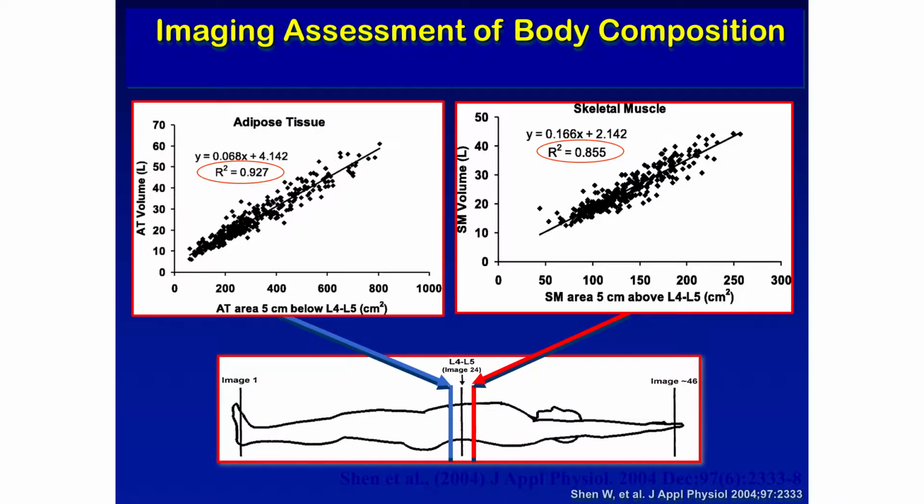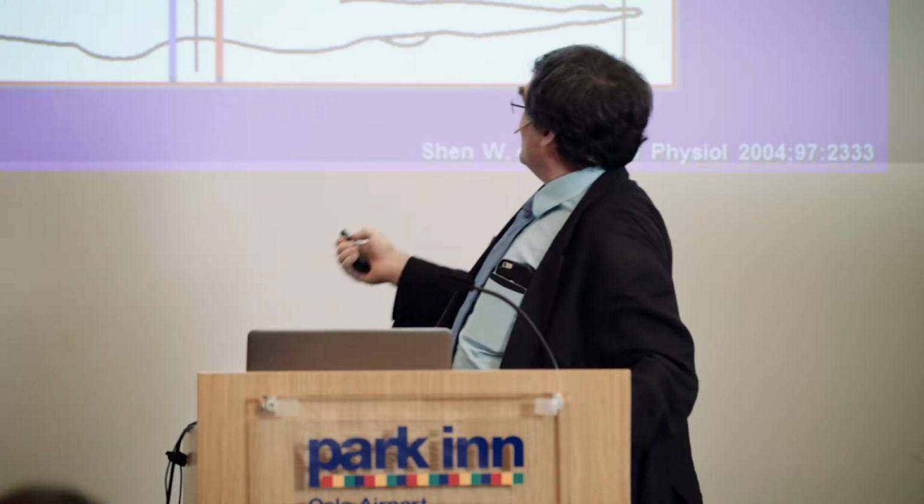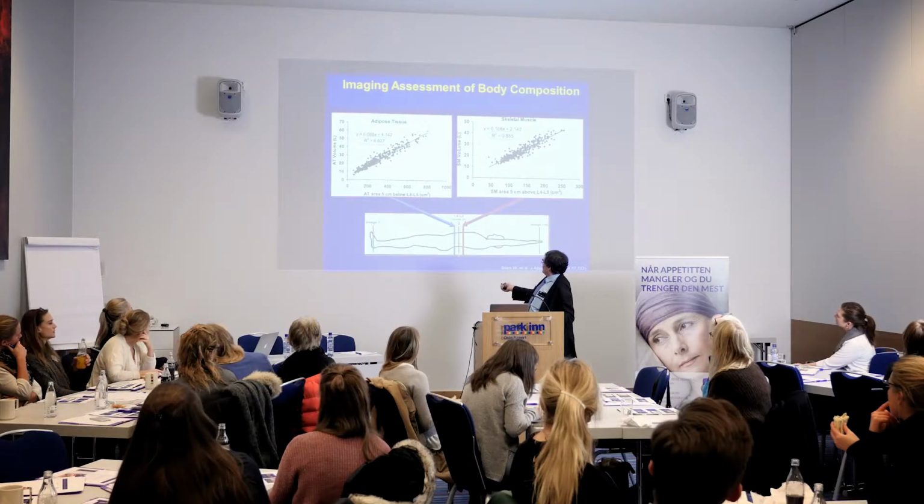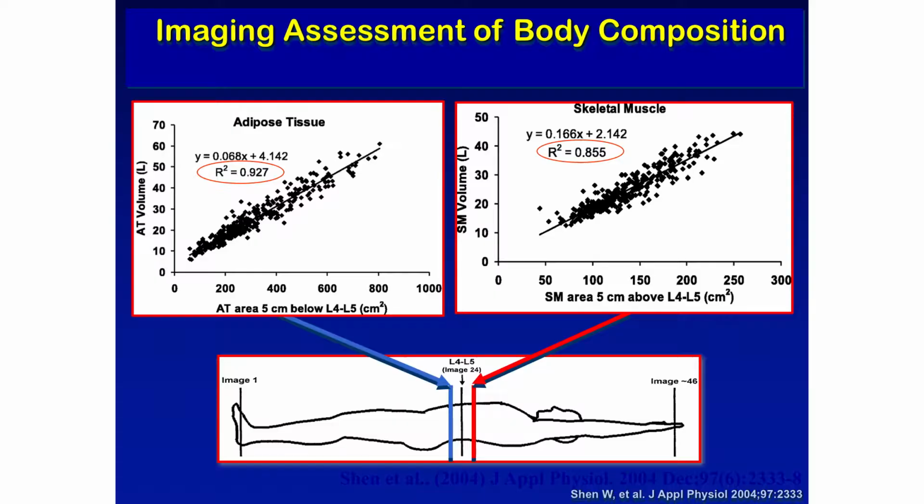Using a standard CT scan, you can predict very accurately the amount of fat mass with an R squared of 0.92 and the lean body mass with 0.855. These are all done with standard CT scans done in the routine course of clinical care. Ideally we use L3, but anything around L3, L4 is sufficient.